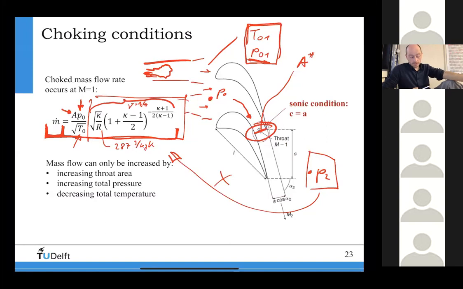This also makes sense: if you have a lower temperature, it means that the density most likely will go up. If the density goes up, you will have a larger amount of mass that you can push through this choked area.